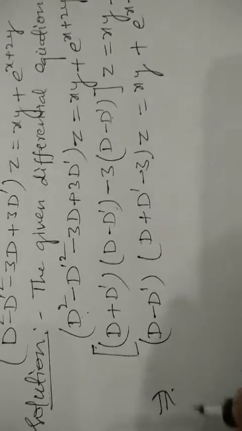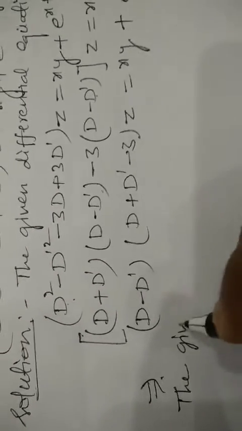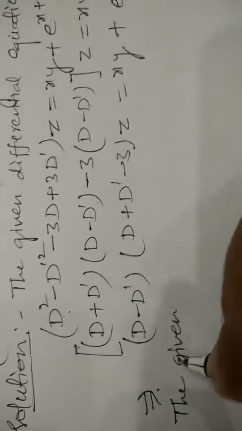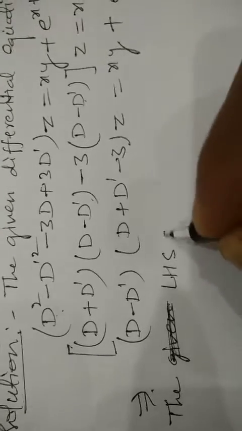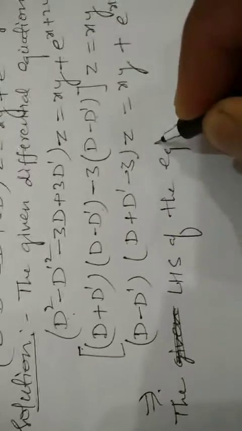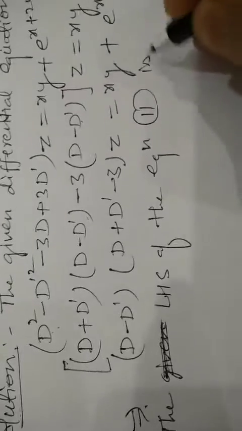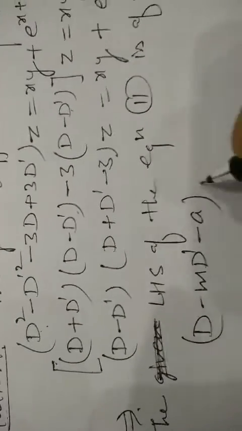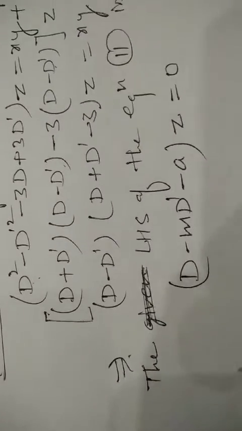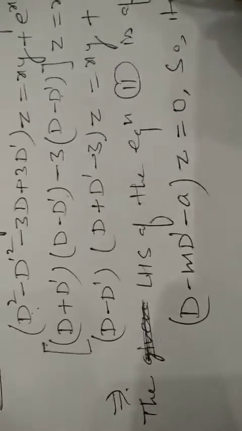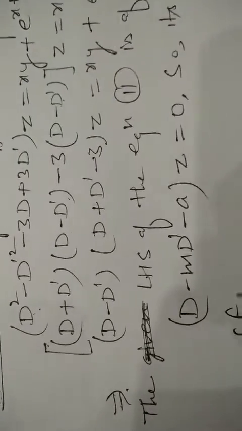Now as we know, the LHS of the equation 2 is of the form D minus mD dash minus a z equal to 0, so its CF is expressed as CF equal to e to the power ax phi 1 (y plus mx).